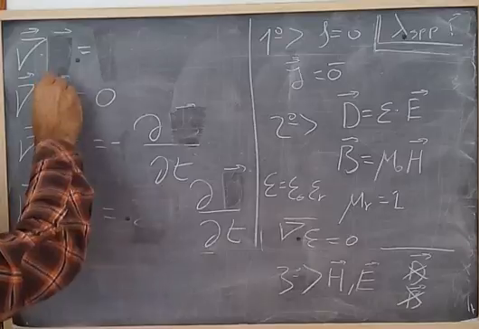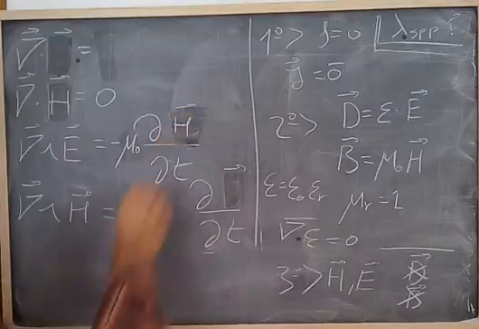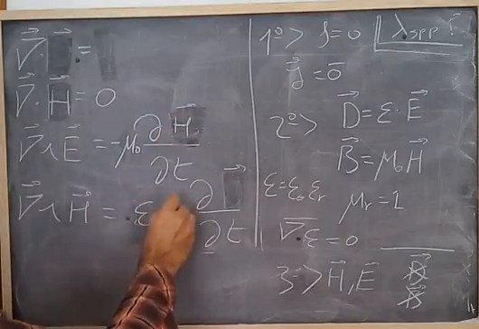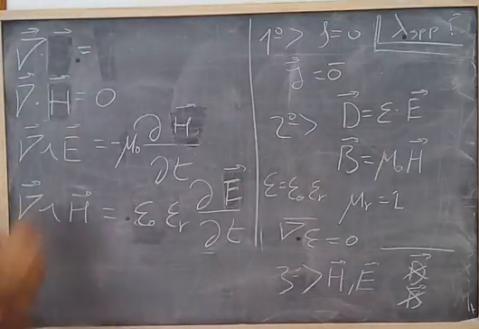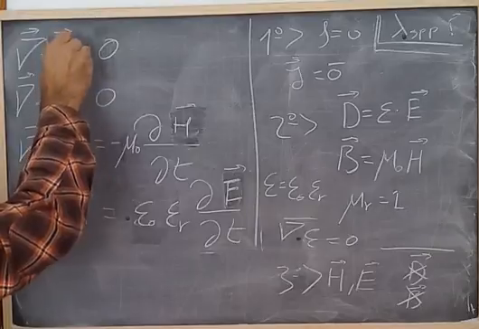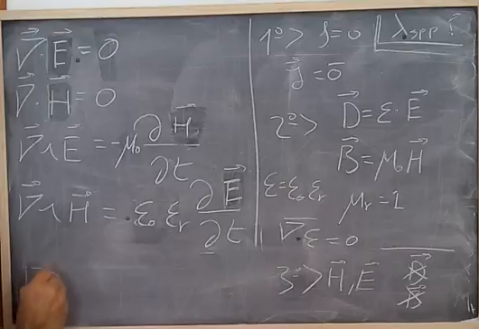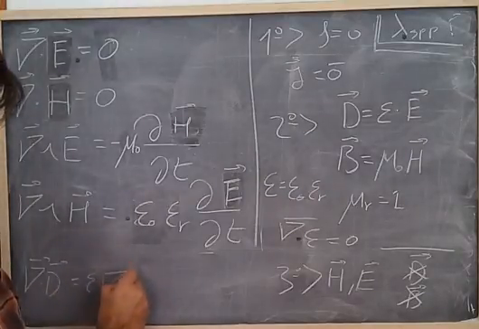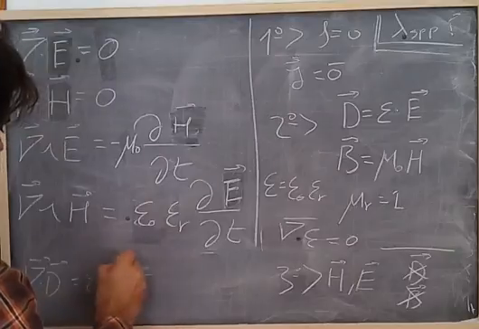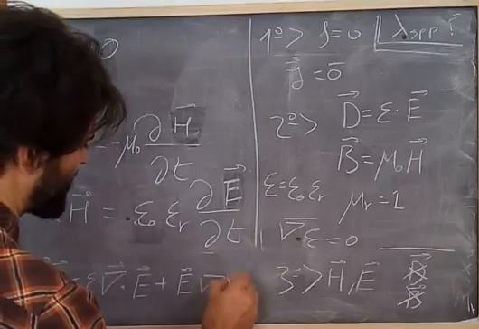We can write H at 0, epsilon r, E, the electric field, and we can write 0 and E. We can write 0 and E here because the divergence of the displacement vector is equal to epsilon times the divergence of the electric field plus the electric field multiplied by the gradient of epsilon.